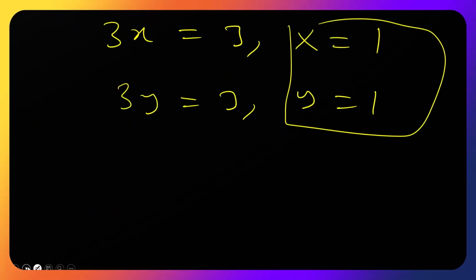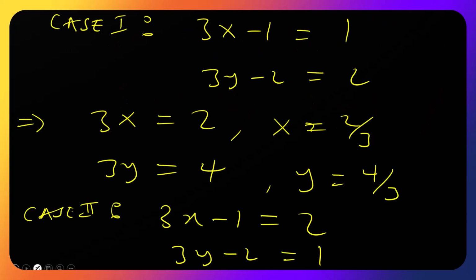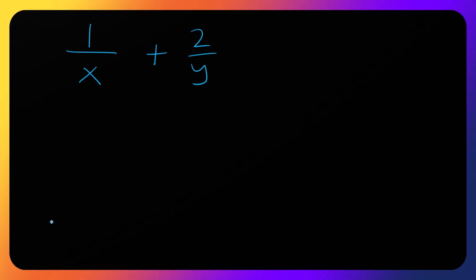This is the question: we have 1 over x plus 2 over y equals to 3. So y is 4 over 3. So we have 1 on 2 on 3 plus 2 on 4 on 3.